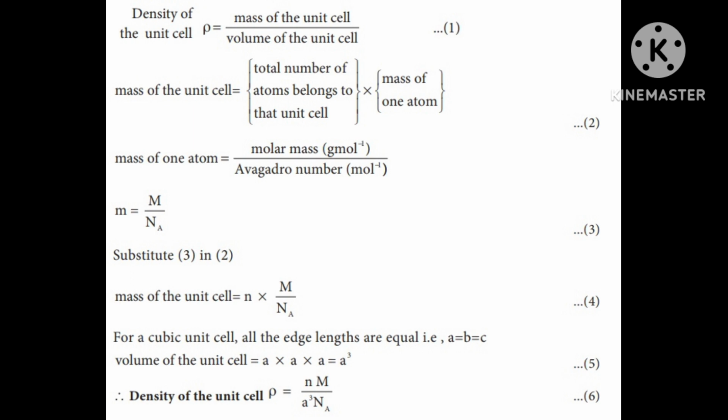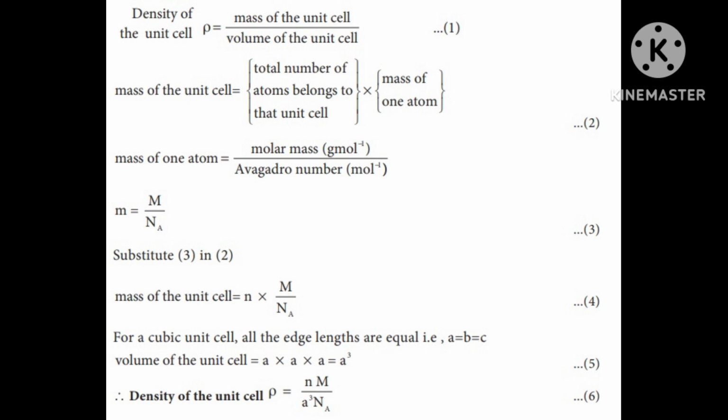Avogadro number means 6.02 into 10 to the power 23 particles. Particles may be atoms, ions, or molecules. Anything in this number is called 1 mole. Fourth, I told you, the atomic mass is also equal to 1 mole.